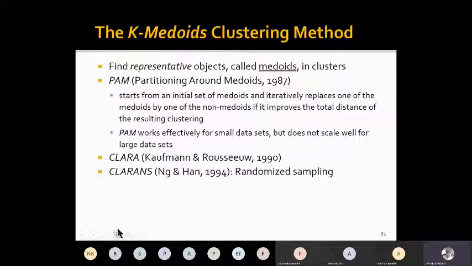But partitioning around medoids doesn't scale well for large datasets. And CLARANS, these are some other algorithms which have tried to improve the performance of K-medoid algorithms.